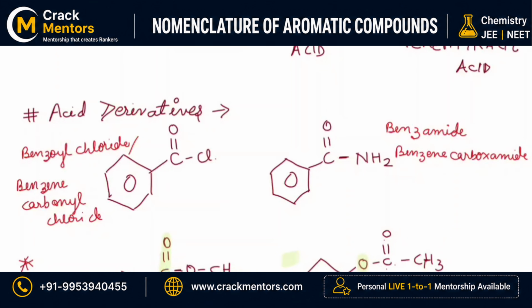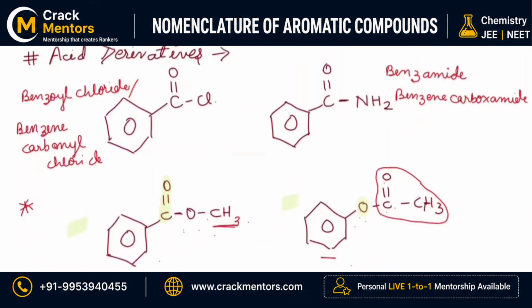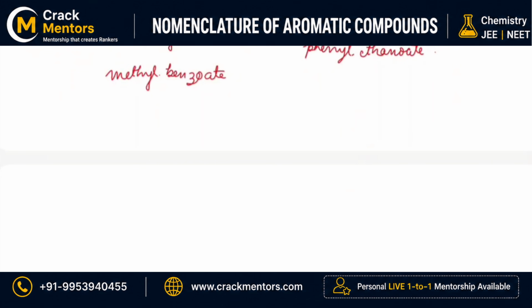For the remaining naming, it is benzene carboxylate. So I will write methyl benzene carboxylate, or I can write benzoate, whatever you want. If I write benzoate or benzene carboxylate, both are the same thing. I will write benzoate only here. If I talk about here, it is C double bond O CH3. So what will it become? It will become ethanoate. That is this structure.